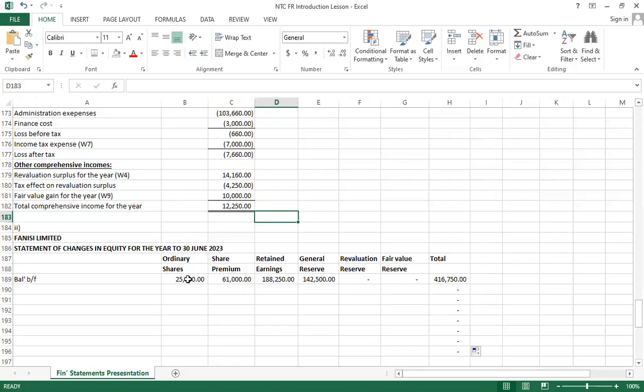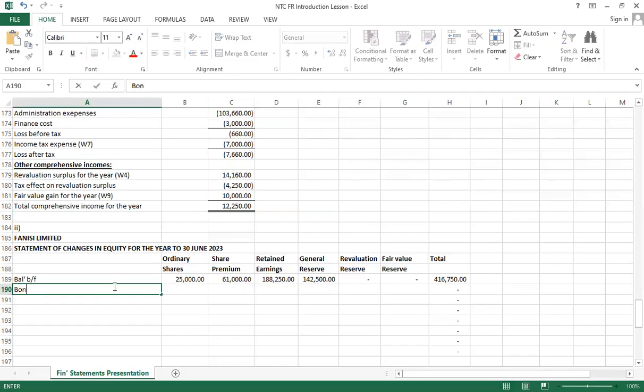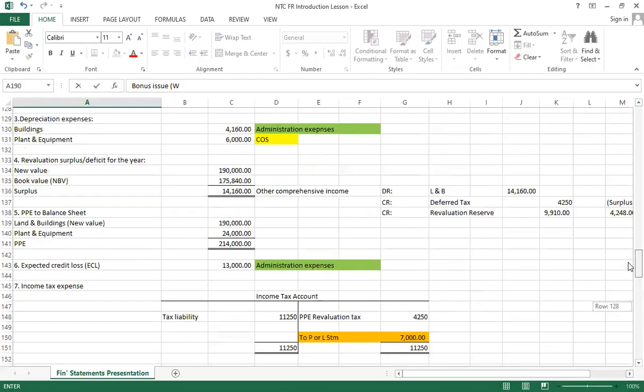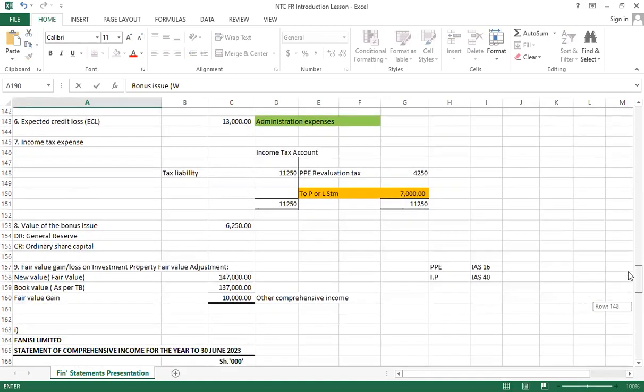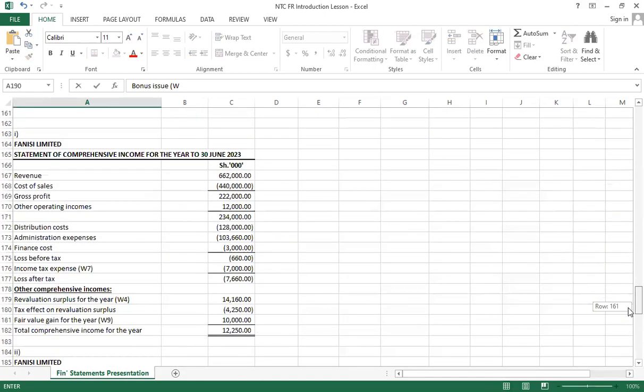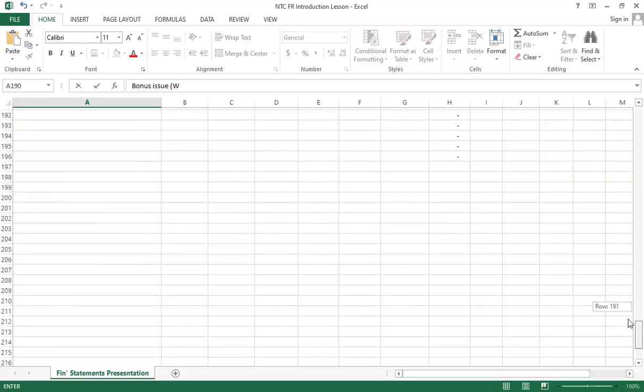And rightly so, we have seen that there was a shares issue, and this shares issue was the bonus issue. When I go back to the workings, it was actually working number 8.